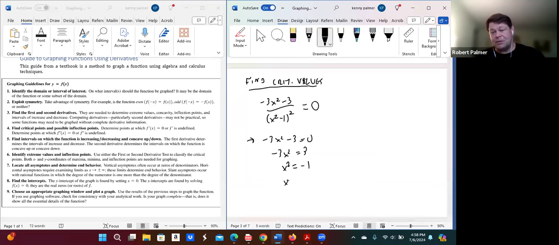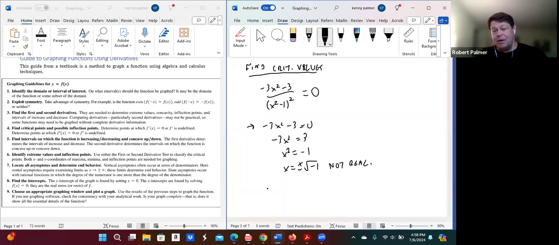Now once again, if you try to solve that the usual way, it'd be plus or minus the square root of negative 1. But remember, that's not real, that's imaginary. It's still a solution to this equation, but it's not real. So if that happens, it means there are no real critical values, or no critical values. That's kind of interesting.